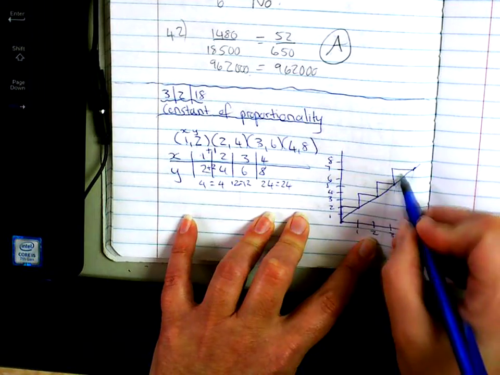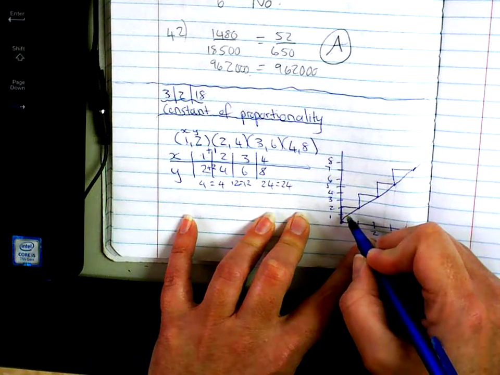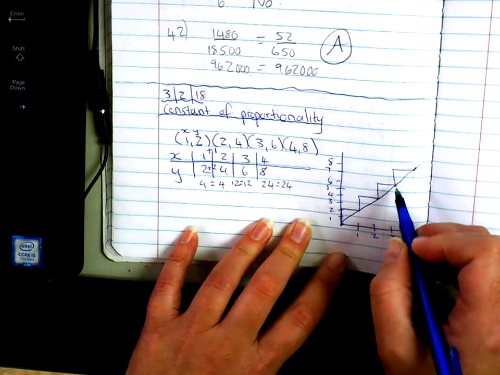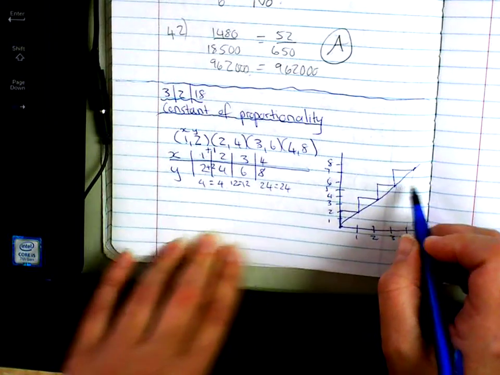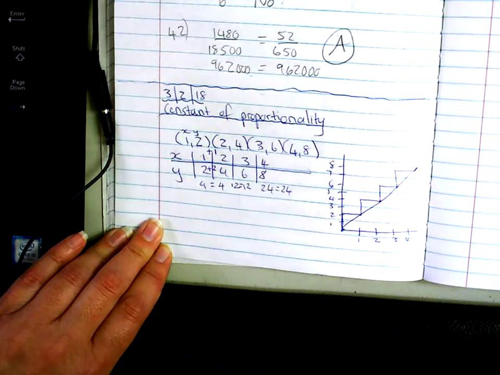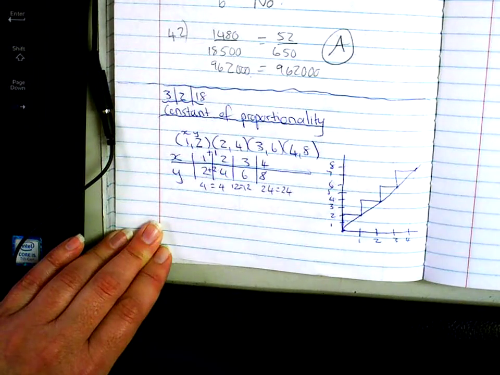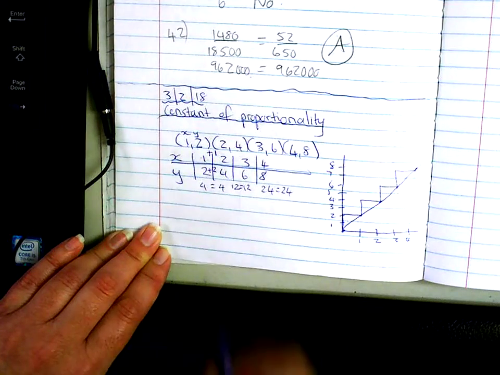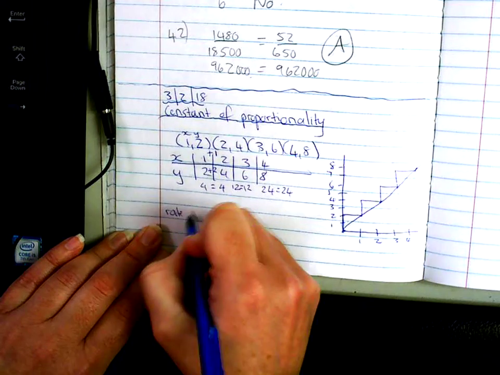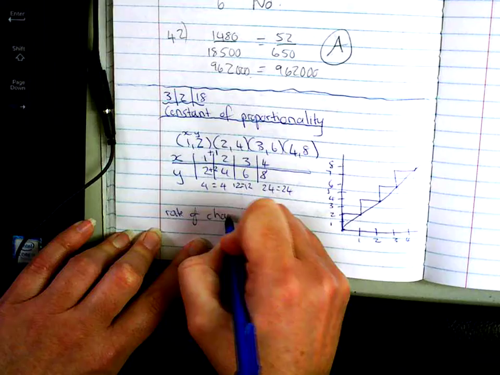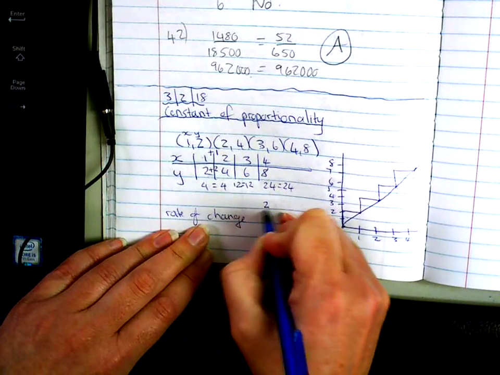So these little steps that I drew are giving me how much it's changing each time. So I can say the rate of change, or the constant of proportionality, is 2 over 1.